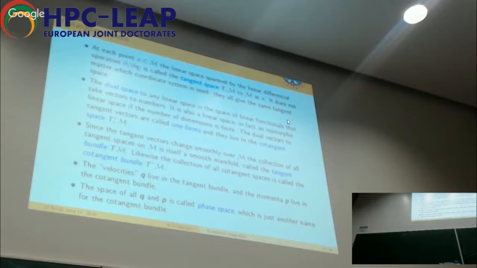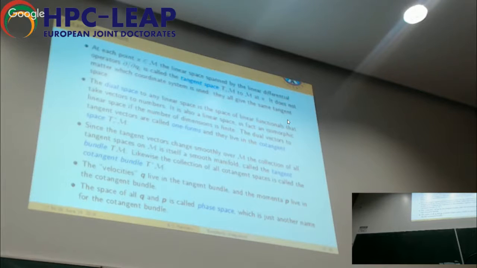Now of course, if you have a vector space, there's always a dual vector space. Sometimes you don't think of this as different from the original vector space, because in finite dimensions they behave in exactly the same way, isomorphic as vector spaces. But the dual space technically is defined as a space of linear functionals, so they map from vectors to numbers.